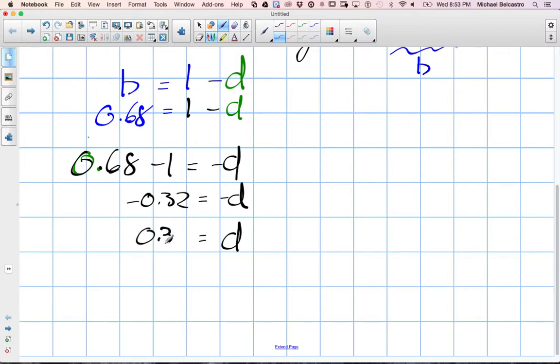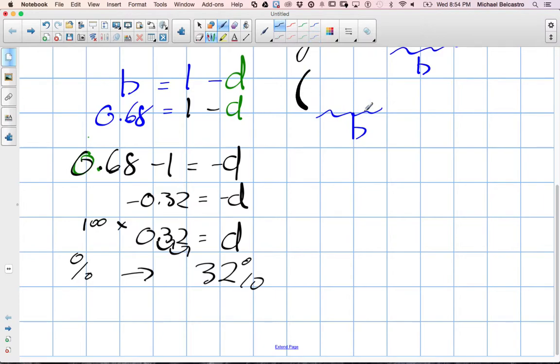Now, how do I turn 0.32 into a percentage? Multiplying by 100. If I multiply by 100, it moves the decimal 2 places to the right. What's our percentage? 32%. So remember our little b here: the b there is 1 subtract 0.32.